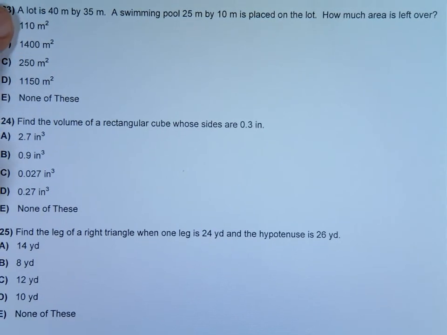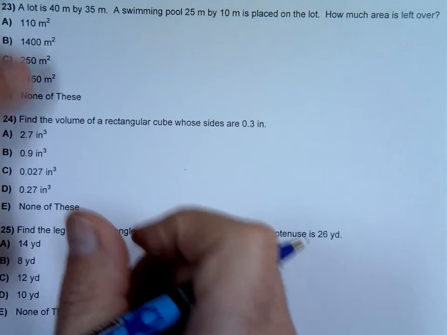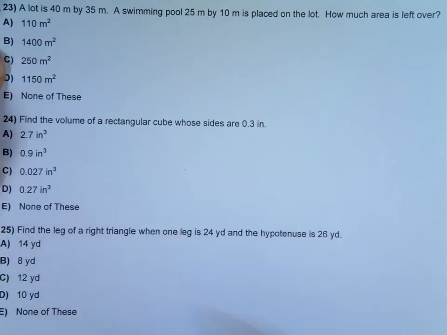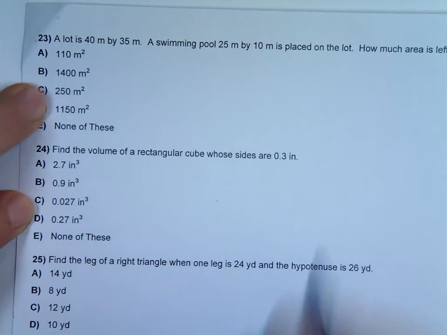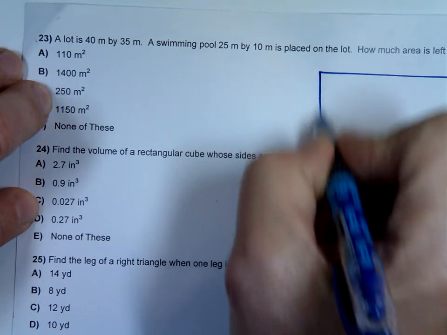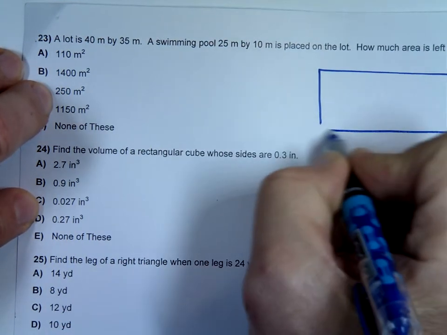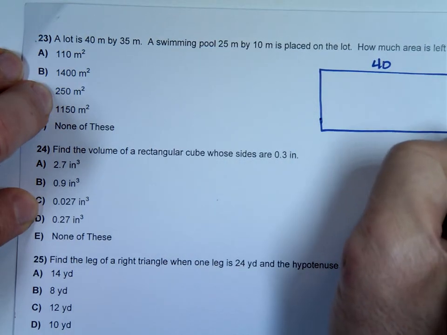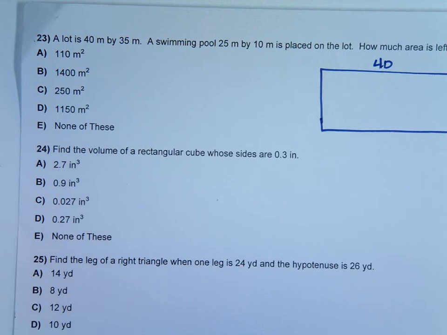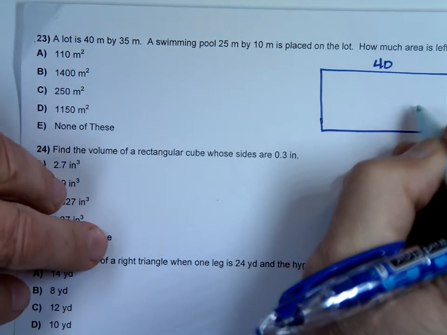Okay, we have a piece of land here. This is a lot, a piece of land that's 40 by 35, 40 meters by 35 meters. That's the land. We put a swimming pool in it. The pool is 25 by 10.